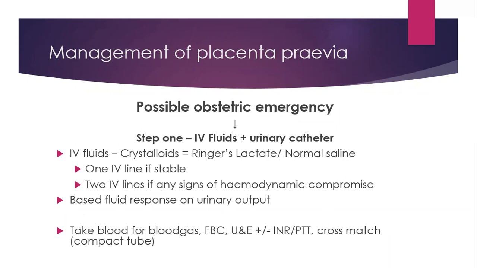If you see on the blood gas that the HB is low, it is important to order the blood products, because it just makes the process faster rather than waiting for the patient to get to gynae and then for them to initiate ordering of the blood. So especially if there is an ongoing hemorrhage, it's better to get the blood to start it as soon as possible, because you also don't want to hemodilute the patient with crystalloids.